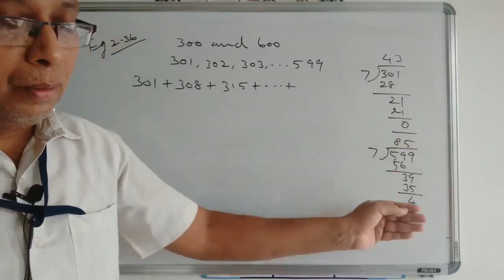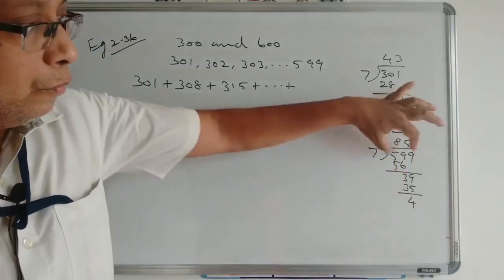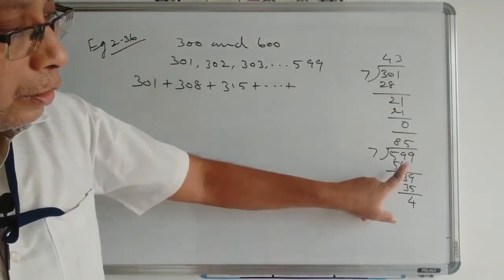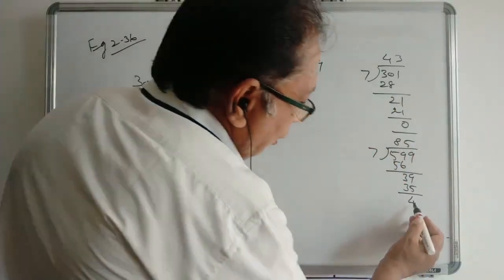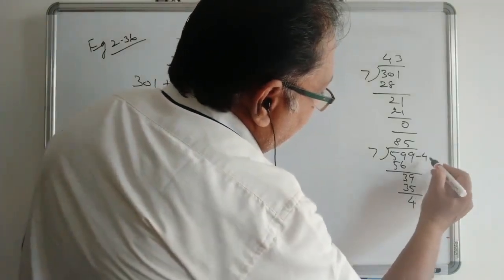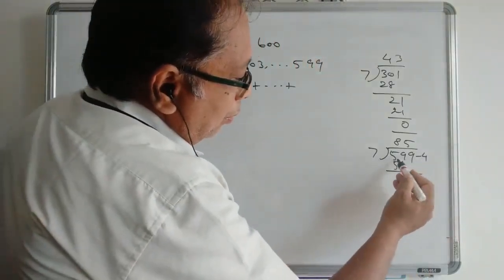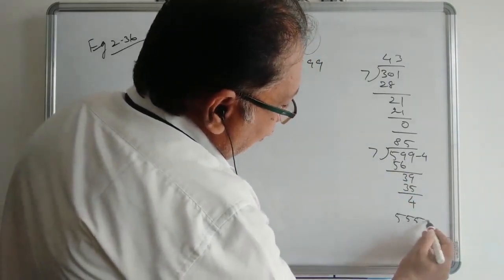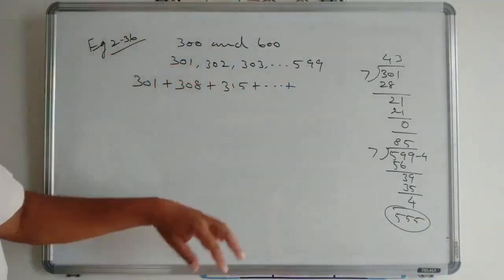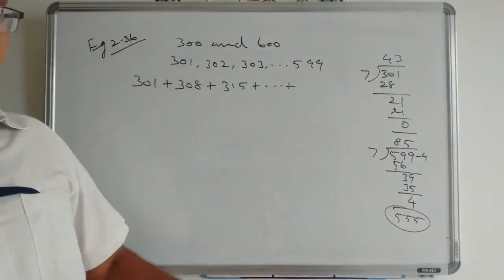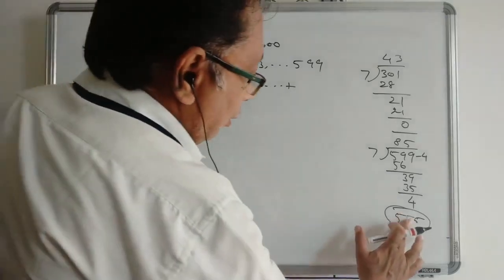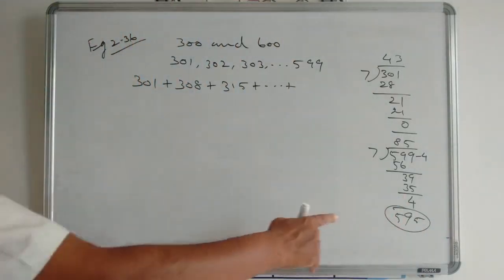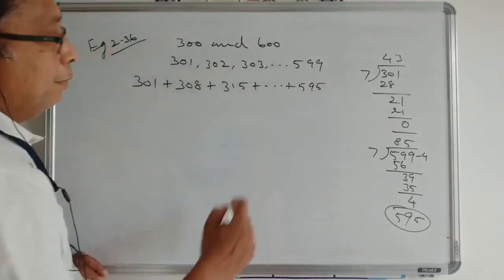The number cannot go beyond 599, so we take only the divisible number before 599. We subtract the remainder 4 from the dividend: 599 minus 4 is 595. So 595 is the last number divisible by 7.